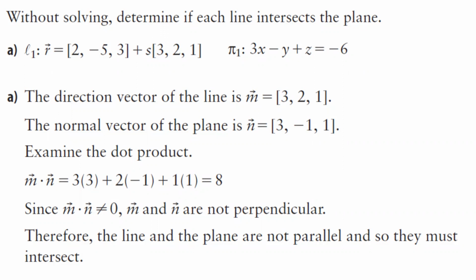So now let's examine the dot product between the two vectors to check if they are perpendicular, parallel, or neither. The dot product between the two vectors is 3 times 3 plus 2 times -1 plus 1 times 1, which is 8.